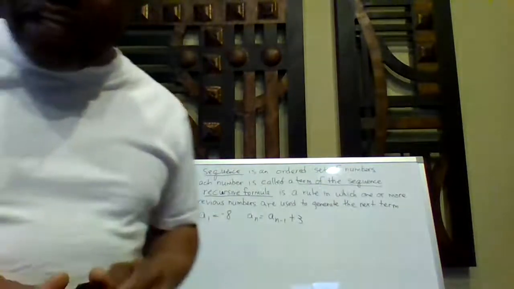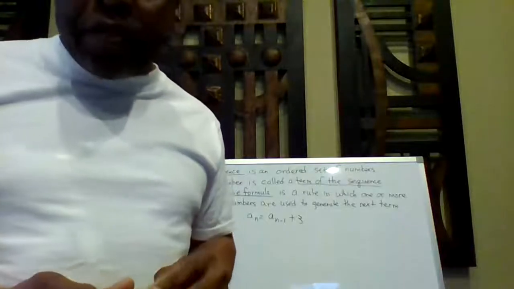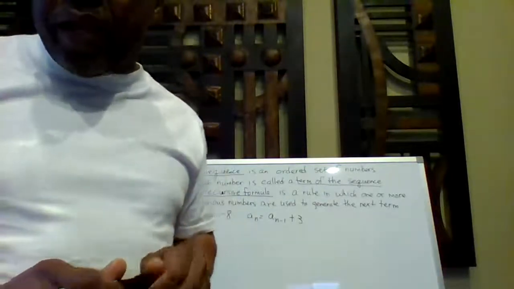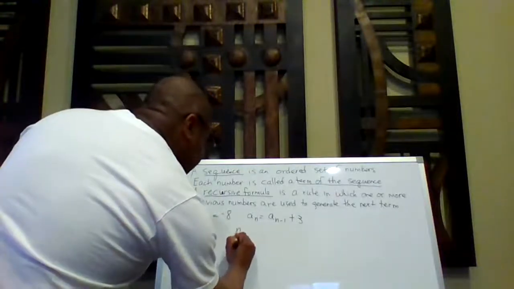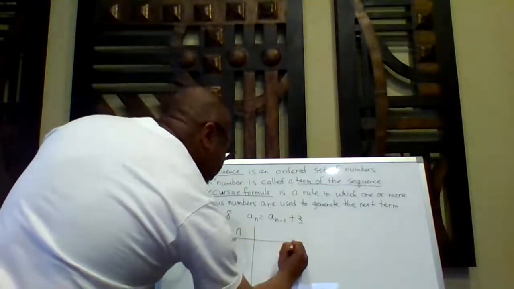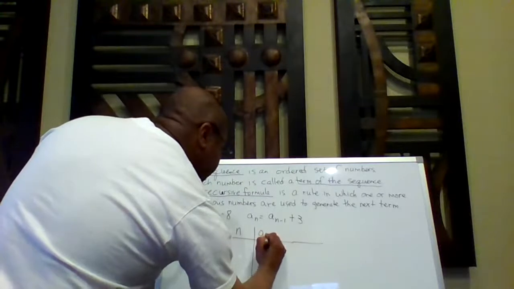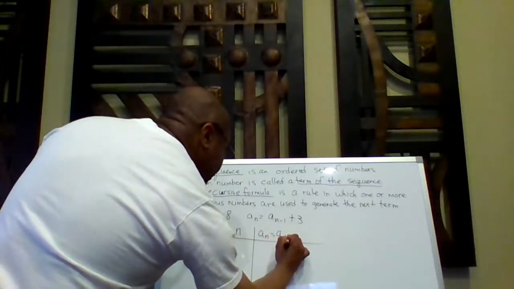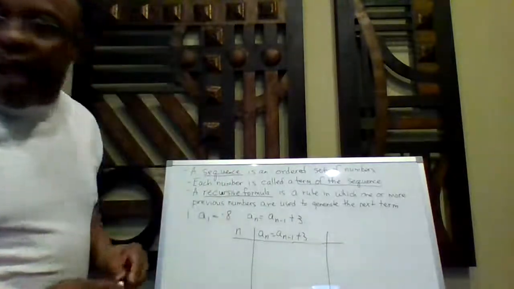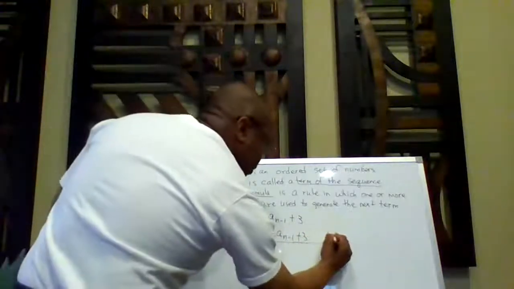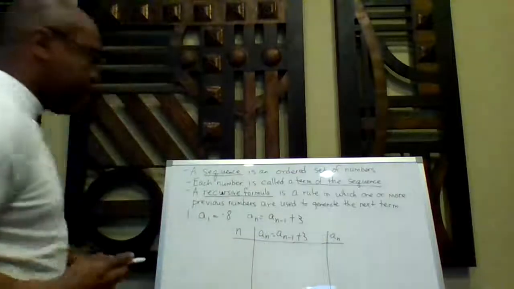The instructions say find the first 5 terms of each sequence, so I'm going to set up a table for you. We have our n, which is our term, our formula, a sub n equals a sub n minus 1 plus 3, and our outcome is our a sub n term.